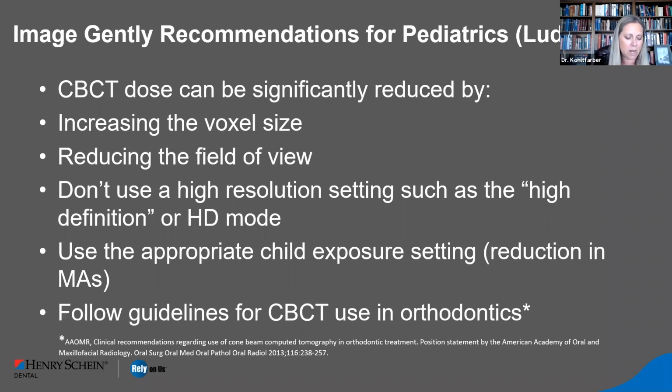So instead of taking it at maybe a 0.1 millimeter scan, we have taken it at 0.4. We won't see fine details as well, but many times, especially when we're taking these images for children, that's perfectly fine, because most of the time we're taking it for things like orthodontic treatment and that sort of thing, more looking at things on a macro scale than a micro scale.